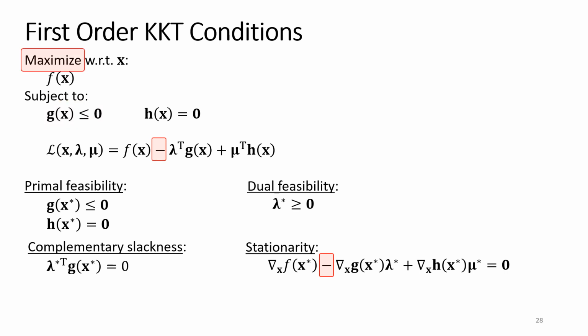Likewise, if we have a maximization problem, we can also replace the pluses with negatives as before. There are other ways of handling this. For instance, we could still retain the plus signs here, and we could replace the dual feasibility condition with less than or equal to 0 also, but we'll stick to one convention.